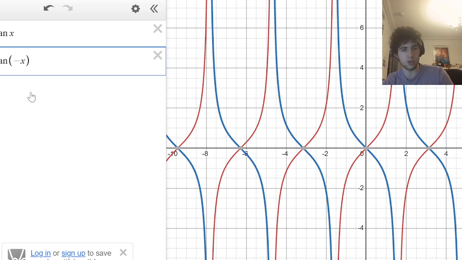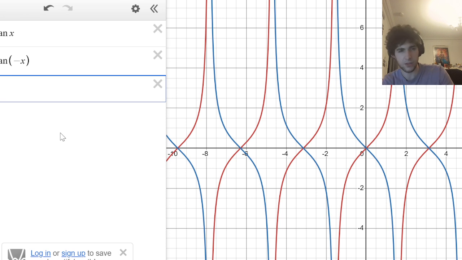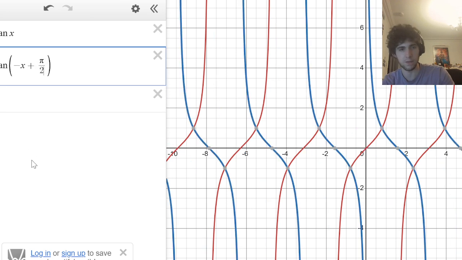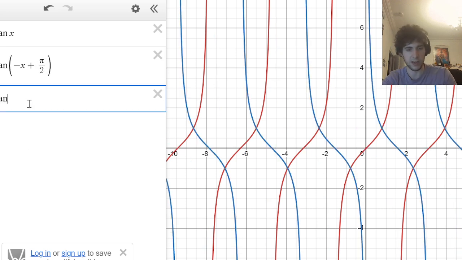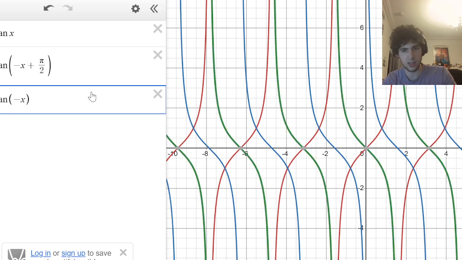Well, I'm going to do tan of pi over 2 minus x. What is that going to be doing? That's just going to be adding pi over 2 to the input here. And what has that done? Well, if I go back and get tan minus x here, that shifted it to the left by pi over 2.